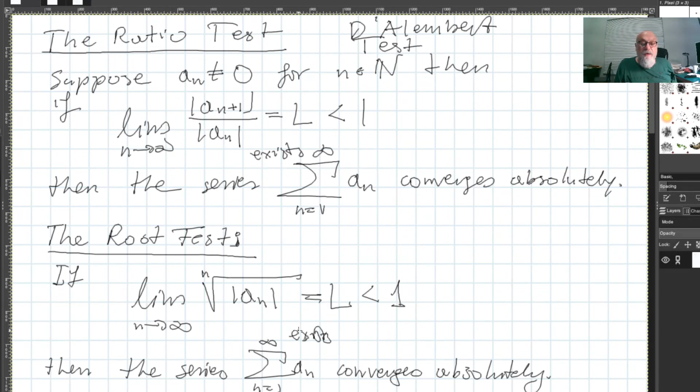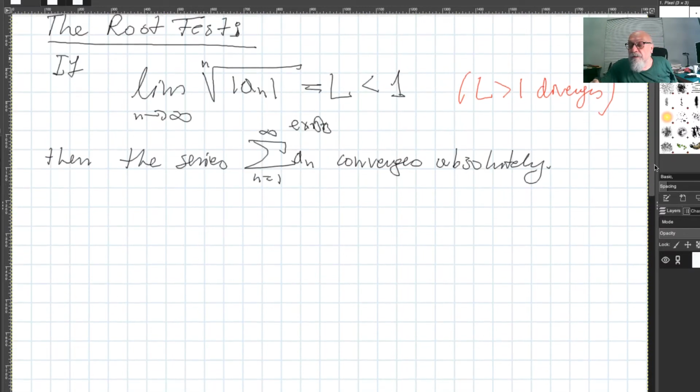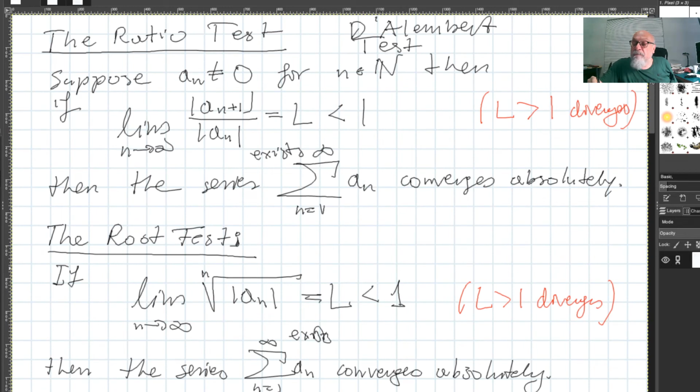So that's one little thing that we should understand: in this case, this test of course talks about convergence, but there's also a version which is related to divergence. If this L is larger than 1, then we have divergence. So let's put it again. If L is larger than 1, it diverges.